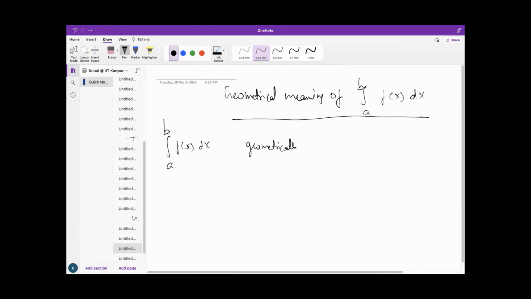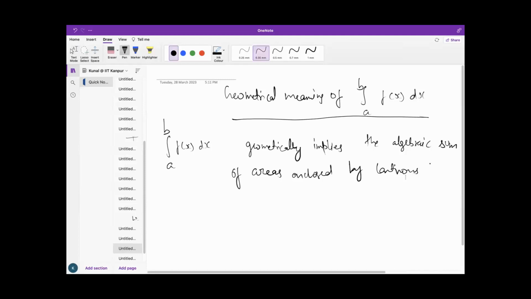the algebraic sum of areas enclosed by a continuous function. As I mentioned in the first line, the integrand given should be continuous in a to b.